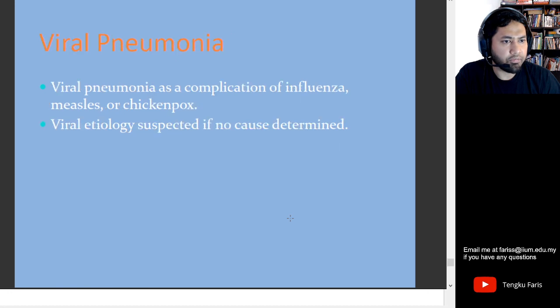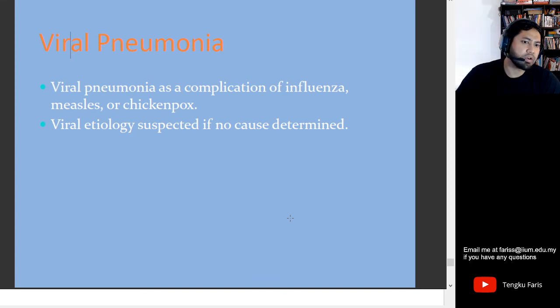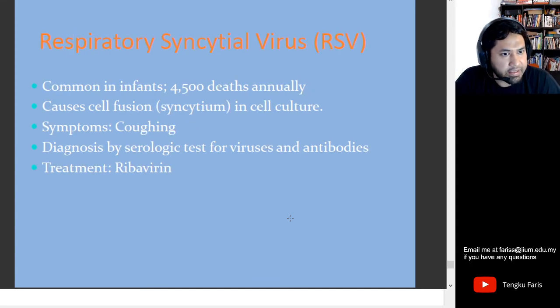Pneumonia, viral pneumonia as a complication of influenza, measles, and chickenpox. The viral etiology is suspected if no cause is determined. Respiratory syncytial virus (RSV) is common in infants. 4,500 deaths annually.